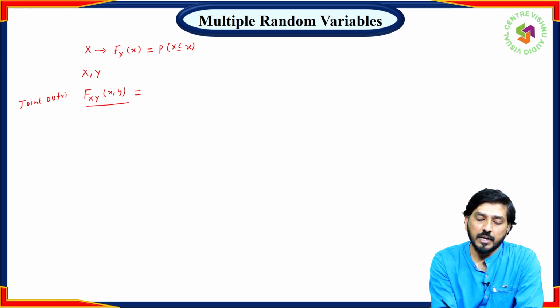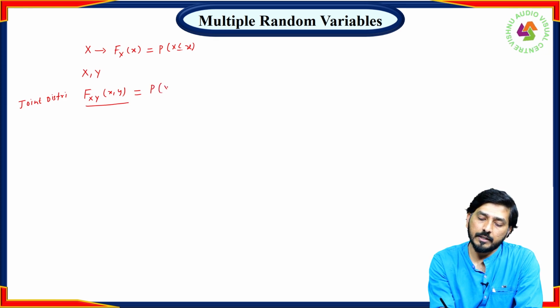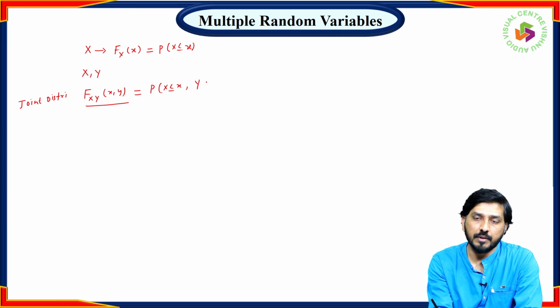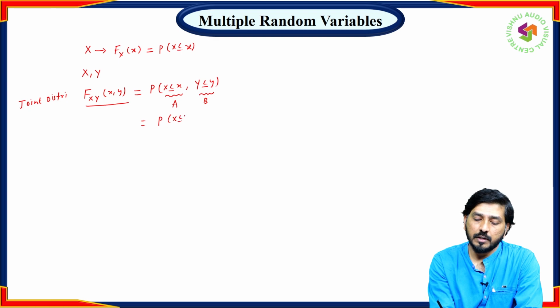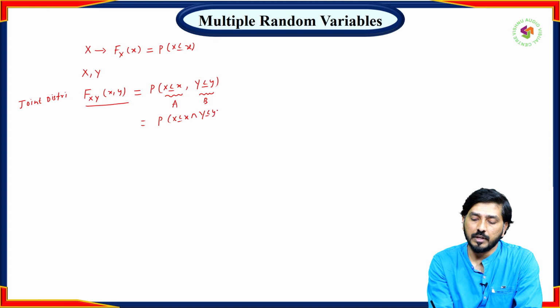Mathematically, it is defined as the probability of X less than or equal to x, comma, capital Y random variable less than or equal to y. If you consider X less than or equal to x as one event and Y less than or equal to y as another event, the operation between these two is the intersection.